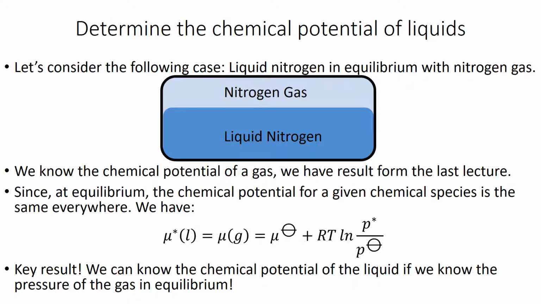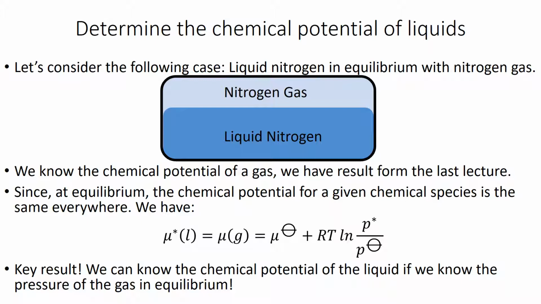And since we know from last lecture what the chemical potential of a gas is, that's just equal to mu circle dash plus RT log P on standard state pressure. And again, the pressure here is indicated with a star. The star indicates that you have a system which is pure. You're dealing with pure substances.